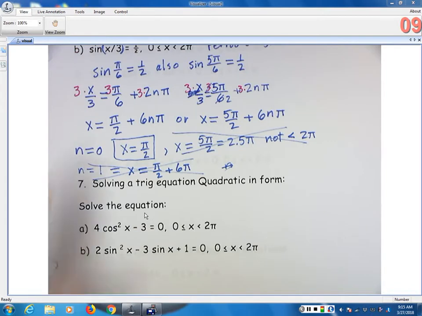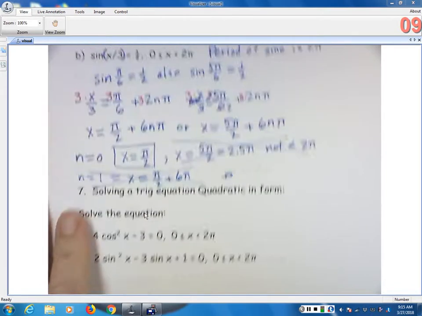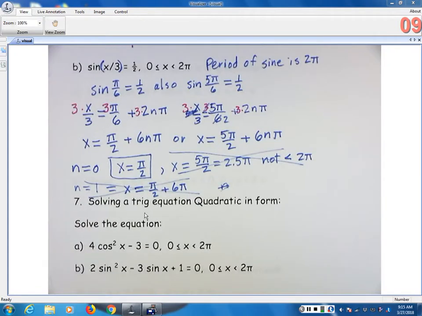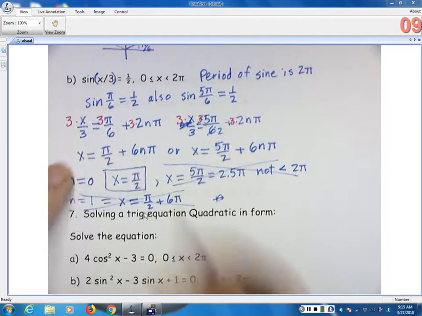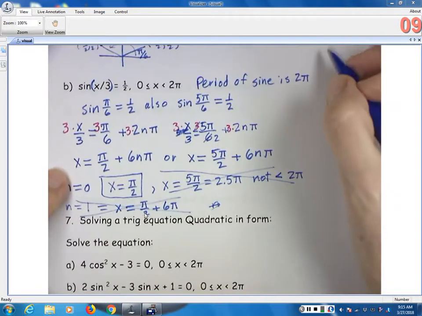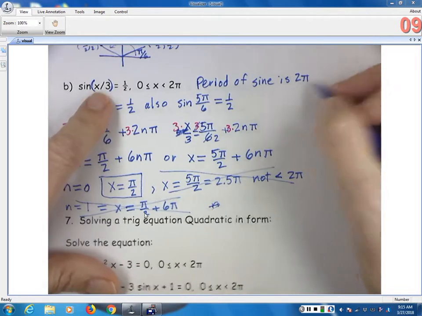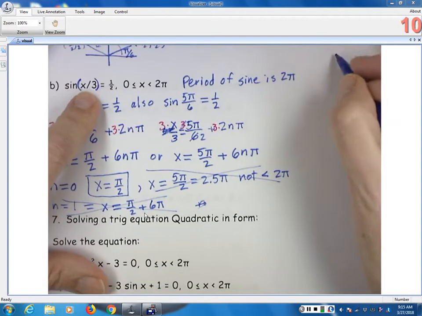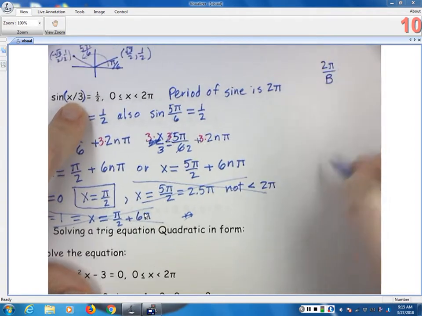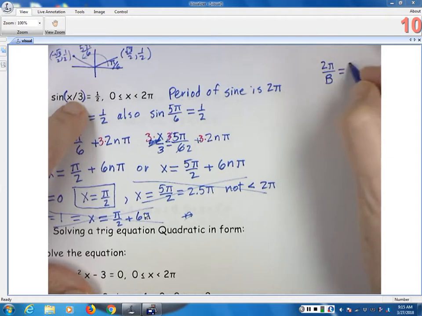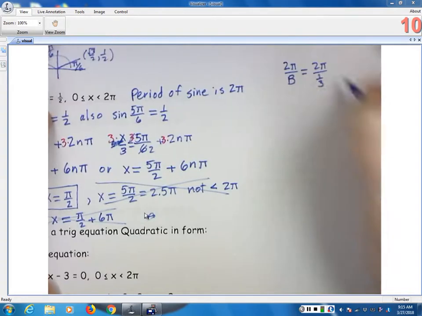What would the period of sine of x over 3 be? The period of regular sine is 2 pi. The period of this is 2 pi over b, where b is a third, so that equals 6 pi.